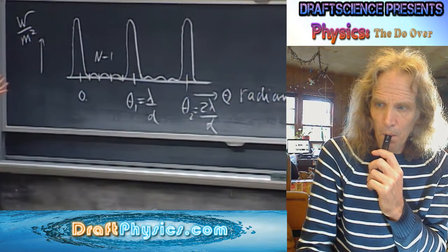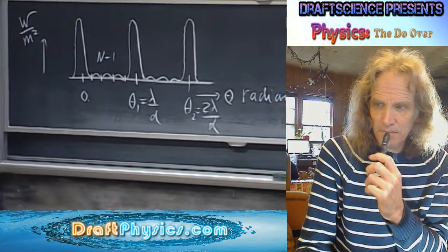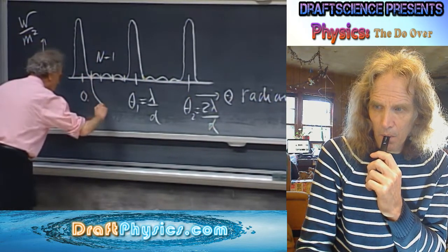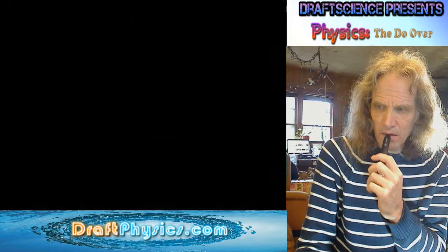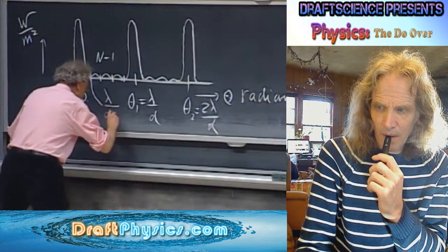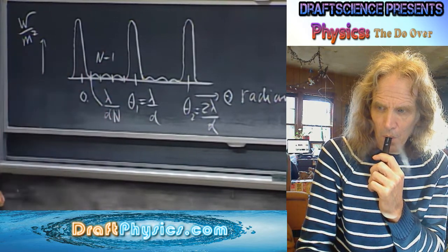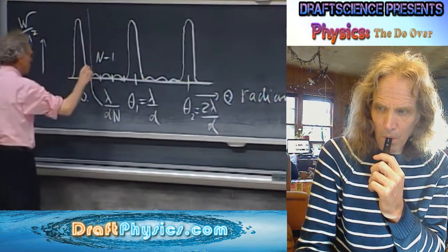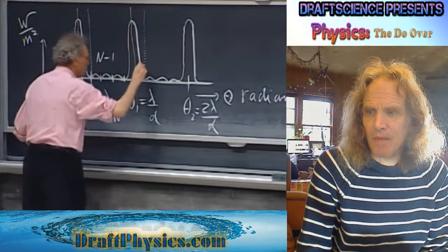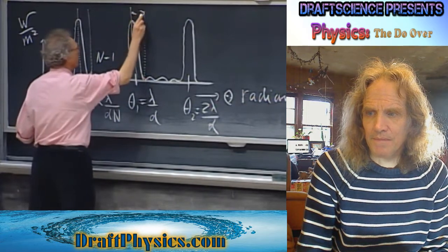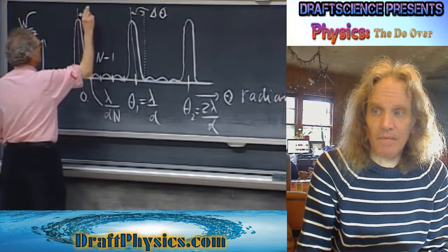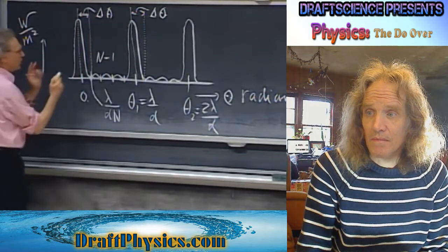And this can be huge, N can be a few hundred. So you have many, many locations where you have 100% destructive interference. Now this first location where we hit the 0 is at the position lambda divided by d divided by capital N. And I will call that angle, from this maximum to this 0, delta theta, because that delta theta is a measure for the width of the line.